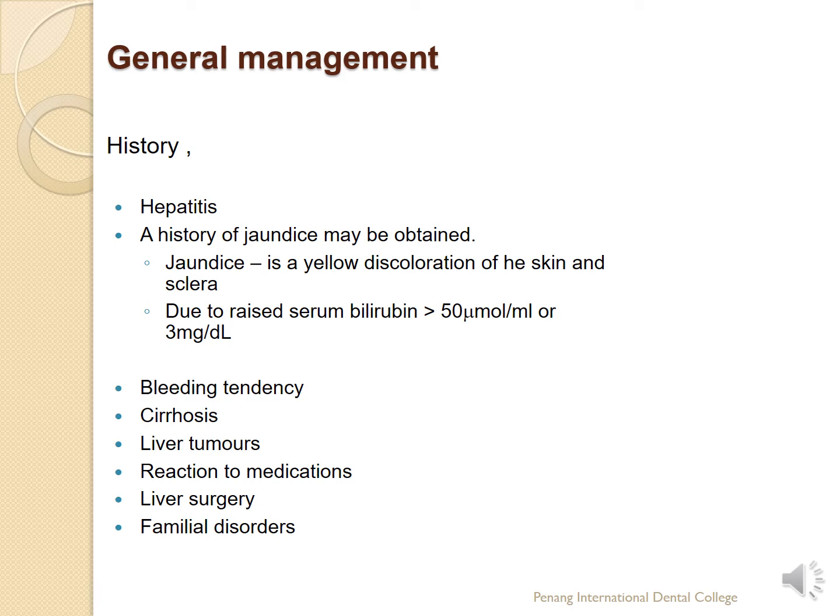There may be reactions to medications. There may have been a liver surgery in which the affected lobe was removed, and patients may also have received liver transplants, and of course there are familial disorders.